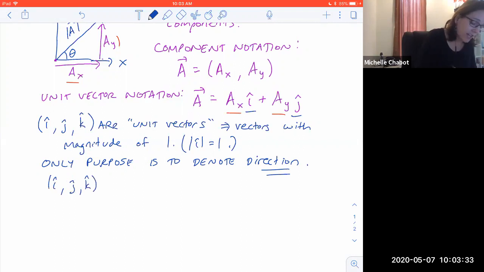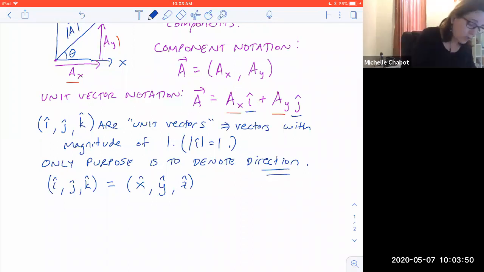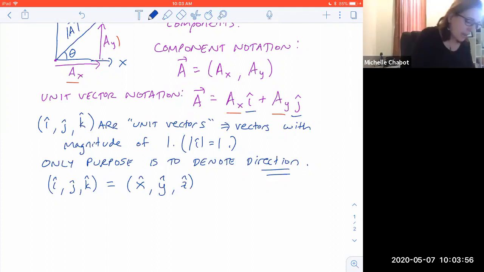So ijk is the same as x, y, z. So i hat is used for the x component, j hat is used for the y component, and k hat is used for the z component. Some people prefer to just use x, y, and z, and you're allowed to do that, but you do have to be able to interpret problems or questions that are given to you in the ijk notation.